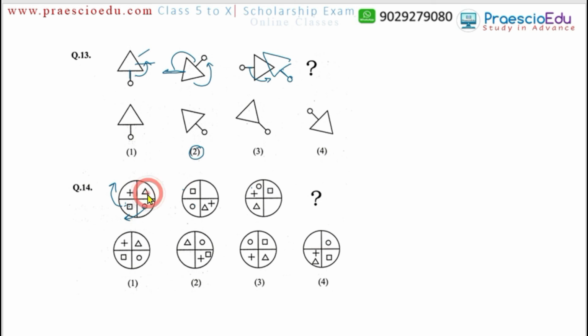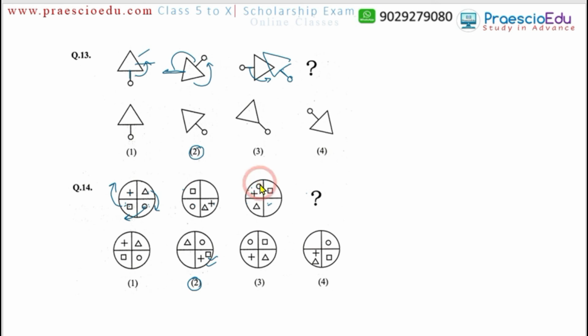After this one the triangle is also moving in a clockwise direction, but this positive sign is only in the opposite direction. Again this comes in this one, so in the next figure it will come in this quarter. This figure, after this one this square becomes the same, this one. So option number 2 is the correct one.